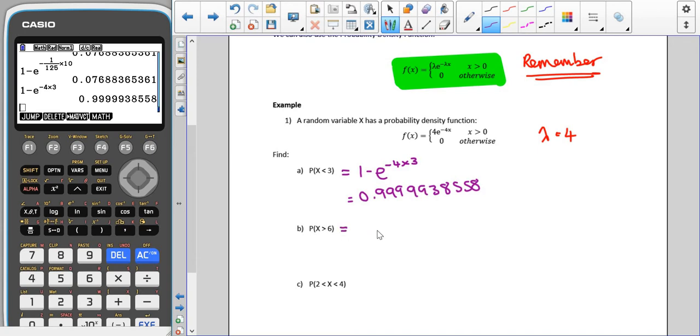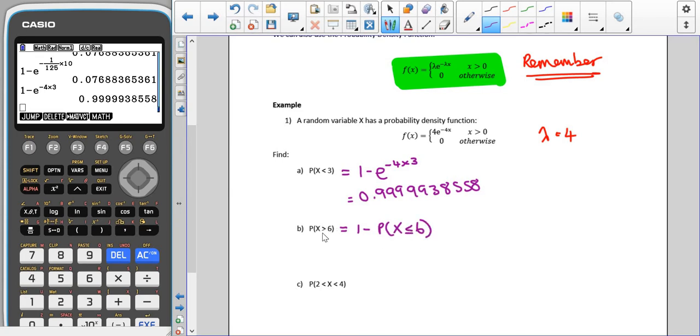In a similar way as we would have done with the old-fashioned calculator, we have to do this now regardless of what type of calculator you have. We need to swap this to 1 minus something. Because this is a continuous distribution, we're changing this to 1 minus the probability that x is less than or equal to 6.